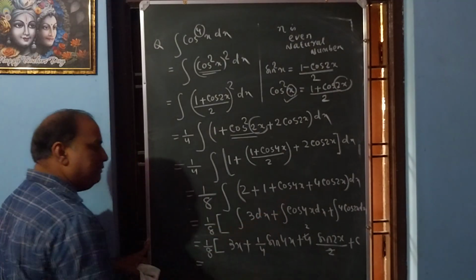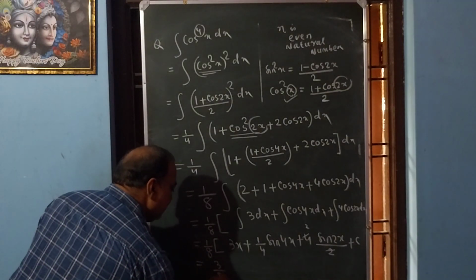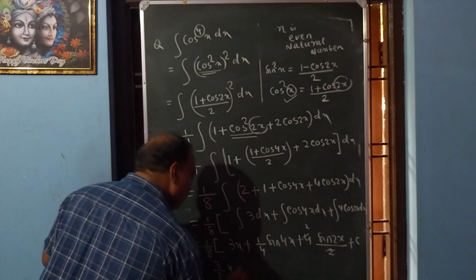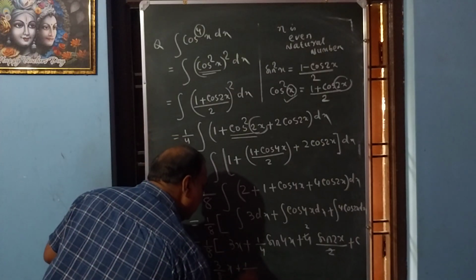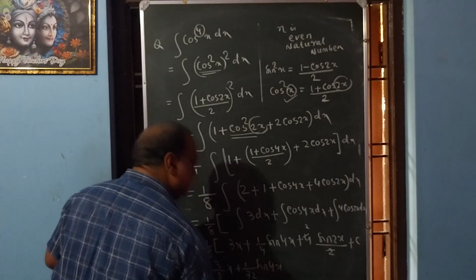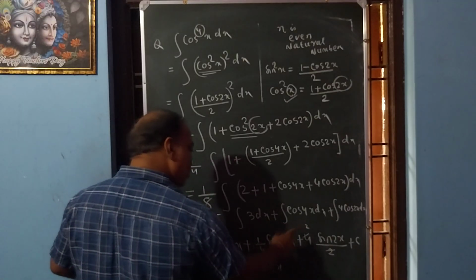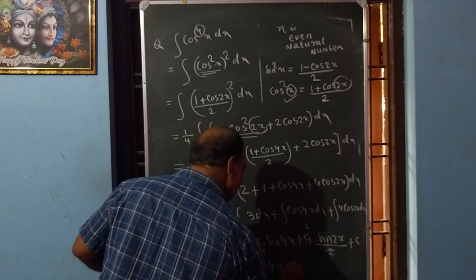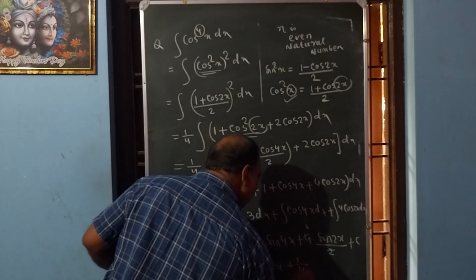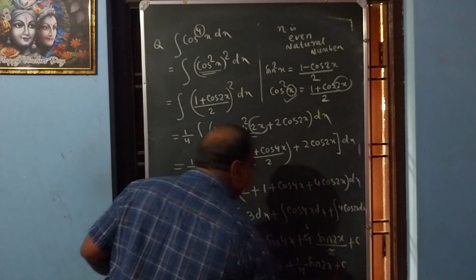1 by 8 will multiply to each term: 3 by 8 x, then 8 multiplied by 4, that is 1 by 32 sin 4x. Then here it is 2 by 8, that is 1 by 4 sin 2x plus c.